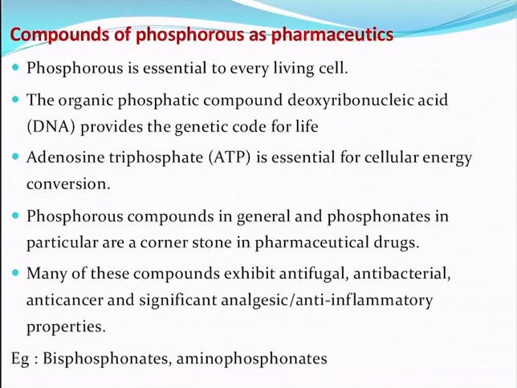Phosphorus compounds in general, or phosphonates in particular, are a cornerstone in pharmaceutical drugs. Many of these compounds exhibit antifungal, antibacterial, anticancer and significant analgesic or anti-inflammatory properties. For example, bisphosphonates and aminophosphonates are examples of compounds which contain phosphorus as pharmaceutics.